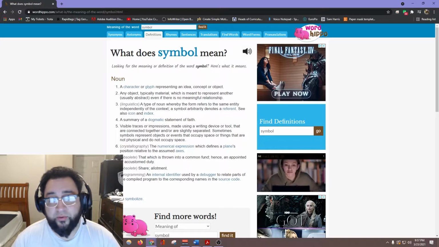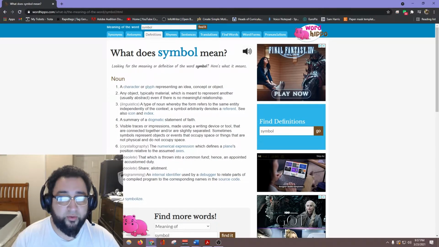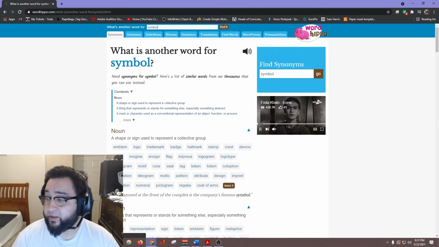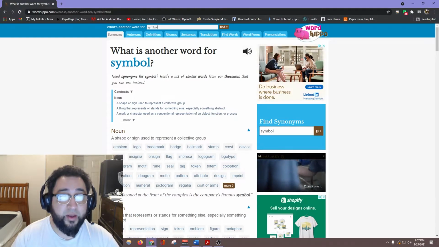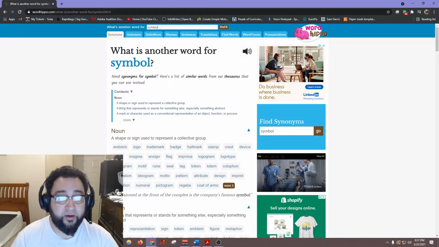Now, when we're looking through our graphic organizers and working through them, we're going to need to find the synonyms for the word. So we're going to click on this top left tab, and it's going to be called synonym. So what is a synonym?